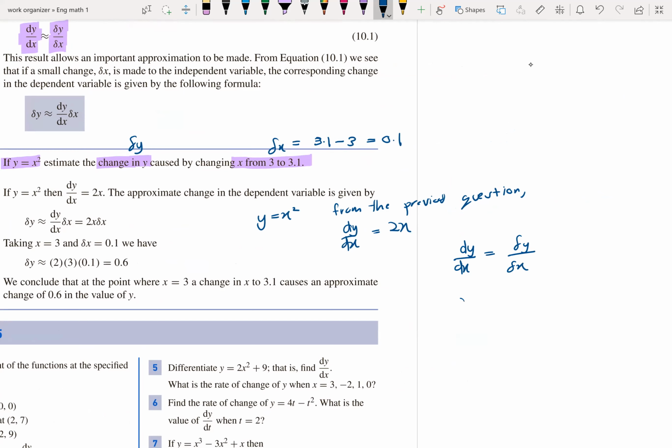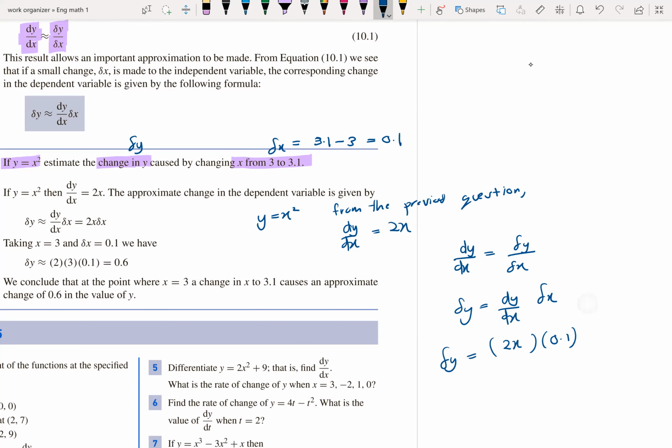Now we want to find delta y, so it will be dy/dx times delta x. dy/dx is 2x, so we write down 2x here, and delta x we have 0.1. This is delta y.